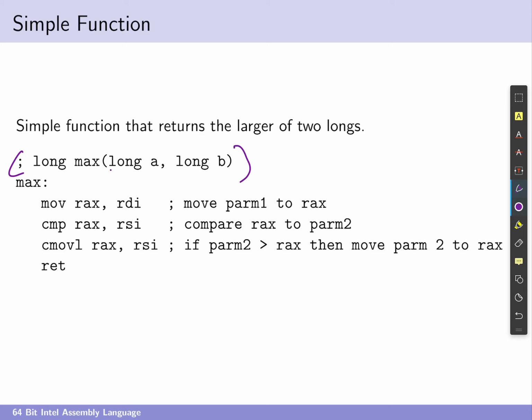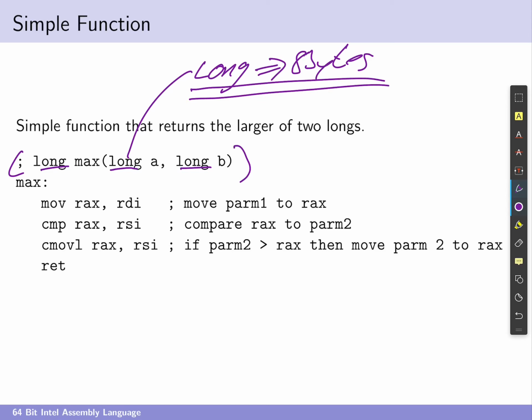All variables here are of type long, and in 64-bit Linux, a long is 8 bytes or 64 bits. I want to make sure you remember that a long is always 64 bits, and int is 32. And a pointer, for example for an address, is always a long, which is always 64 bits.